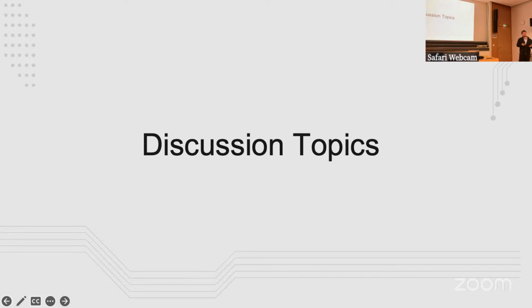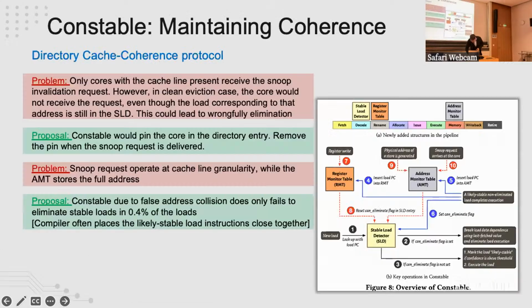This is the coherence mechanism that is mentioned in the paper. I have a backup slide about the coherence. This is how coherence is maintained in the system. The font is not that great, but yeah.